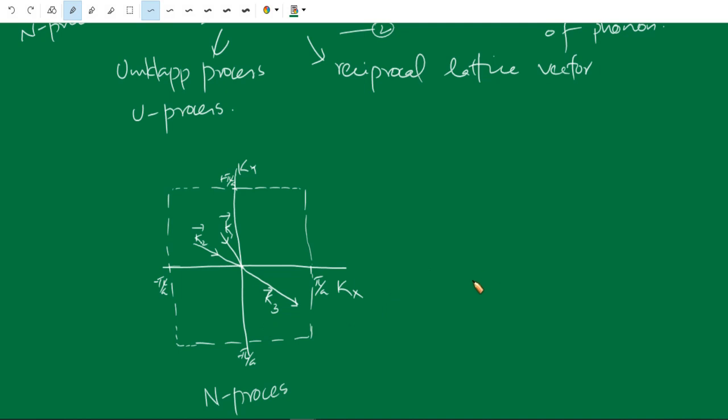So in the Umklapp process, we can draw the plot of these wave vectors.